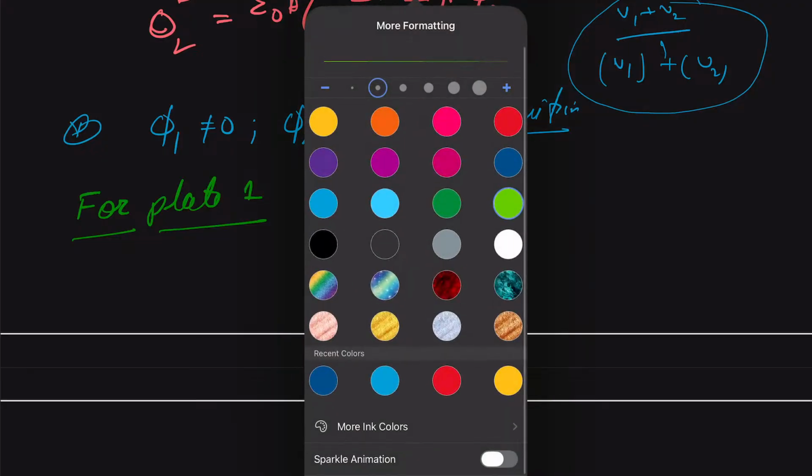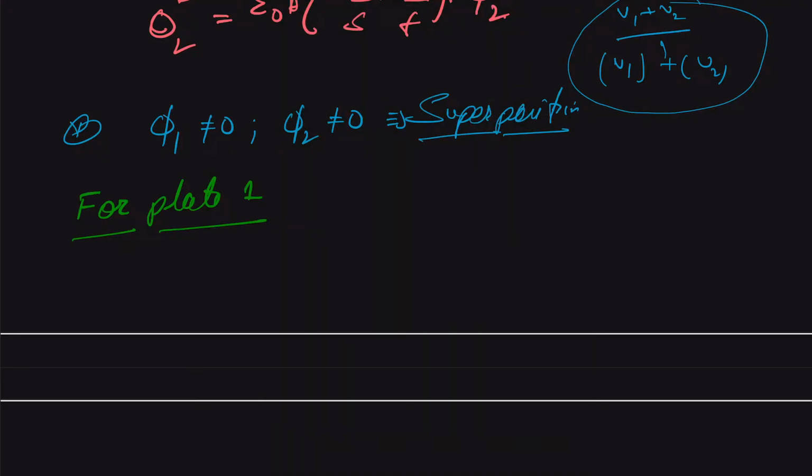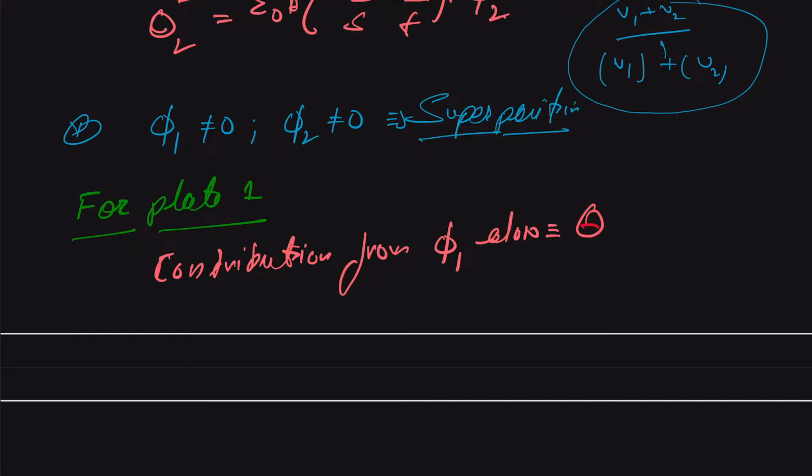We can write the contribution from potential phi 1 alone, and we have just calculated it: the charge Q1A, from part A, is epsilon naught A, 1 upon R plus 1 upon S, times phi 1.